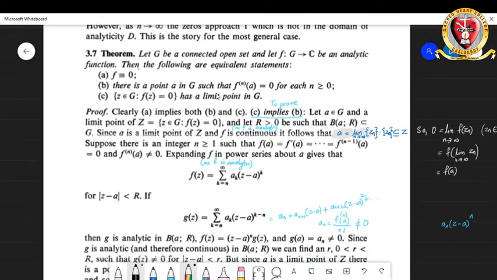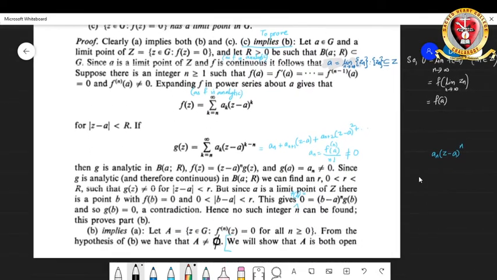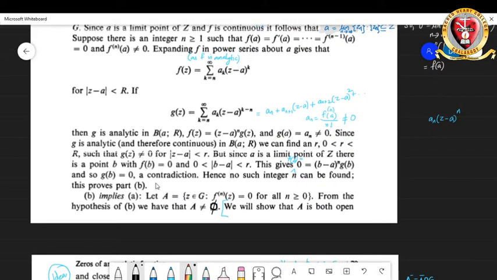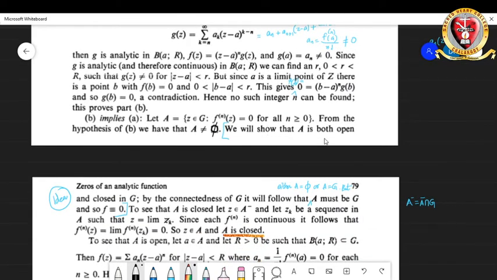So we are assuming b, that means there is a point having such a property. That means this set we defined, which is A, is not equal to phi. So what is our idea? We will show that A is both open and closed in G.